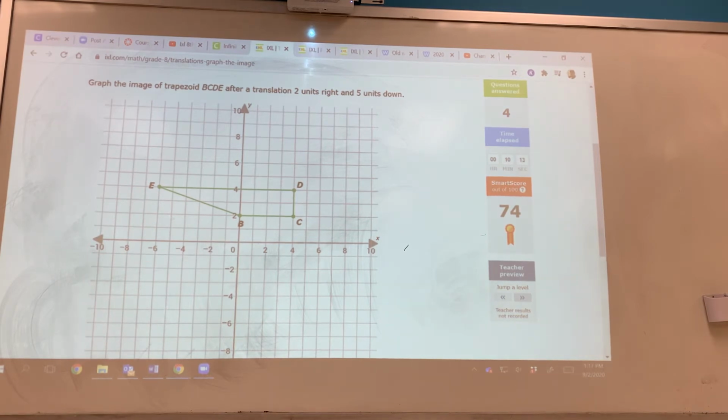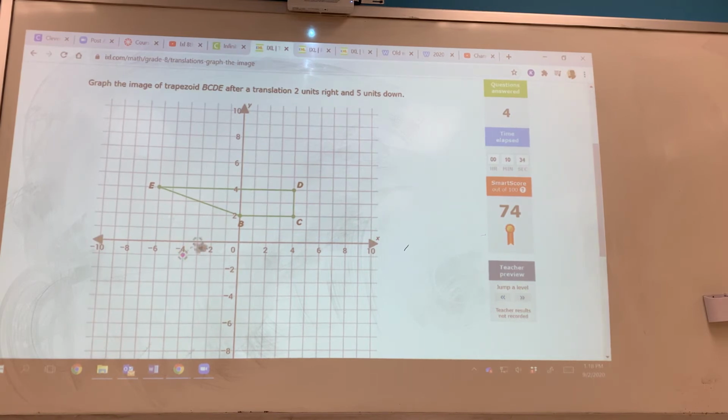All right, let me get my mouse over here. I keep losing it. I have 3 screens going, so bear with me for a second here. All right. So 2 to the right, 1, 2, and 5 down. 1, 2, 3, 4, 5.